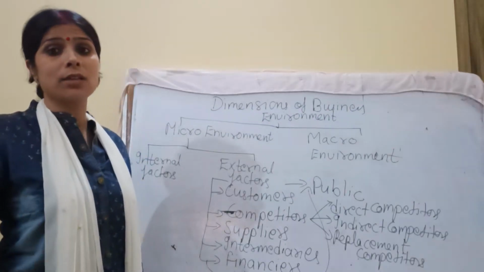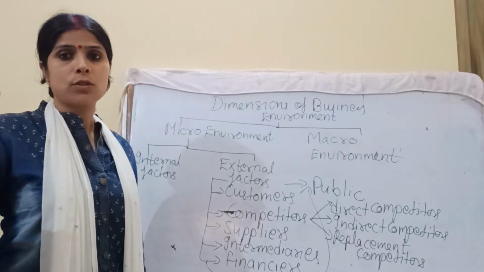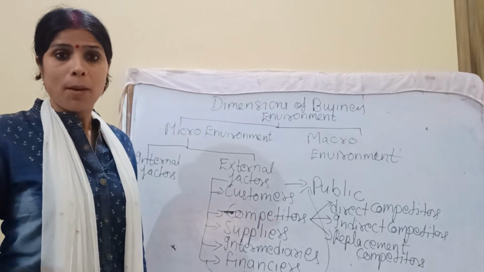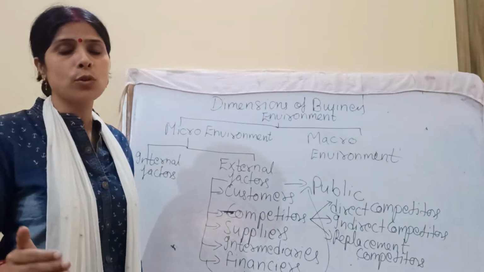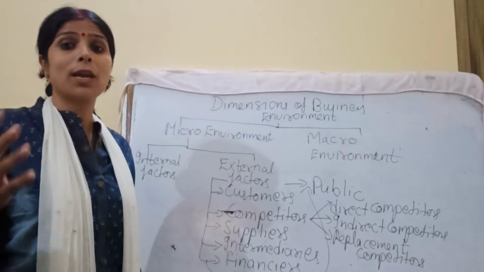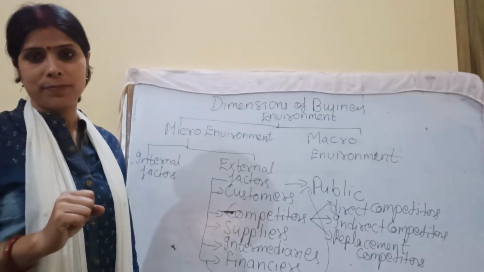They are not only satisfying the external areas like financiers, competitors and the customers, but they are also satisfying the needs of the employees. They are providing better facilities to their employees also. That is why they are able to build up a good image.